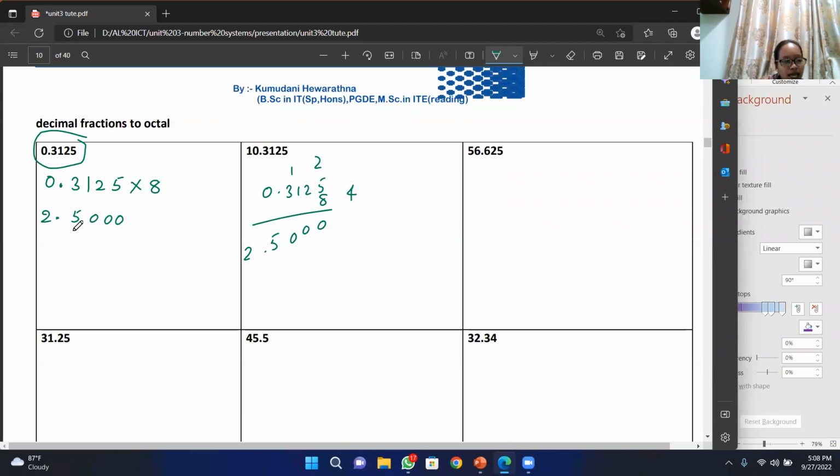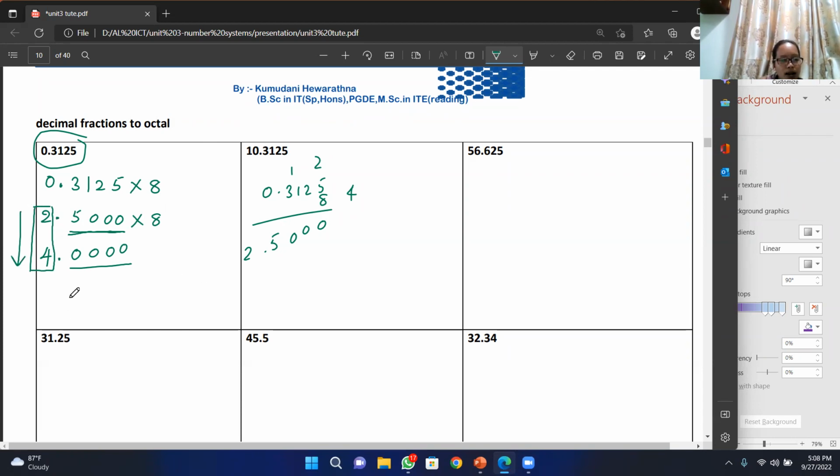Okay. Again, take only this fraction part and multiply by 8. Again, 0, 0, 0, here 4 comes. Right? Now the fraction is 0. So you have to stop there and take the answer as 2 and 4 to this side.